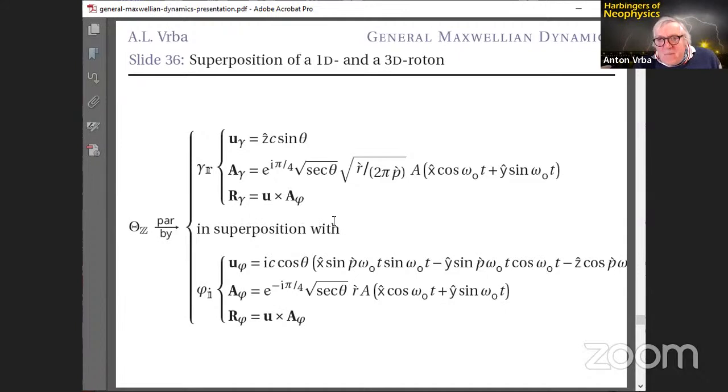This is actually the 2 solutions. I'm only showing one of the solutions here, and this root here is basically, we saw the factor r over 2 pi p. Remember the 2 pi, that was because we had the h bar in there.